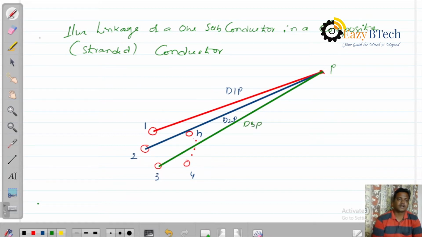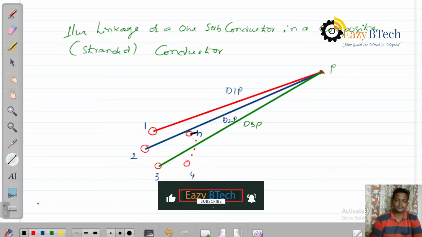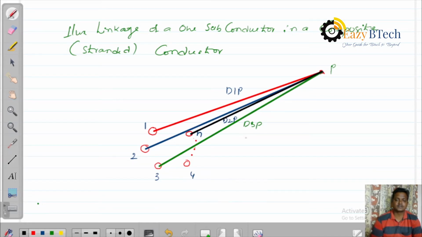Like that, the distance from the nth subconductor to point P is dNP. From subconductor 4 it is d4P. I am not taking all the conductors, I am taking only 2 to 3 conductors to P.